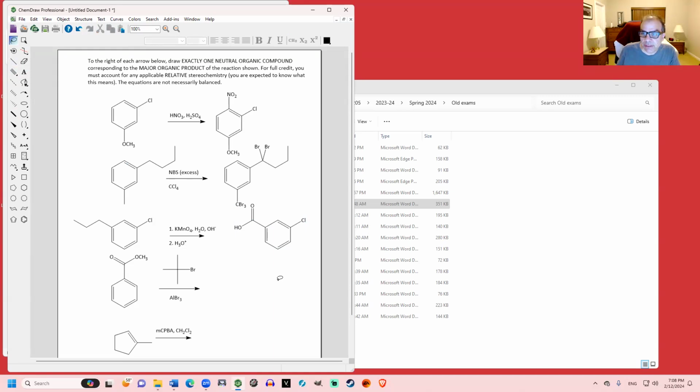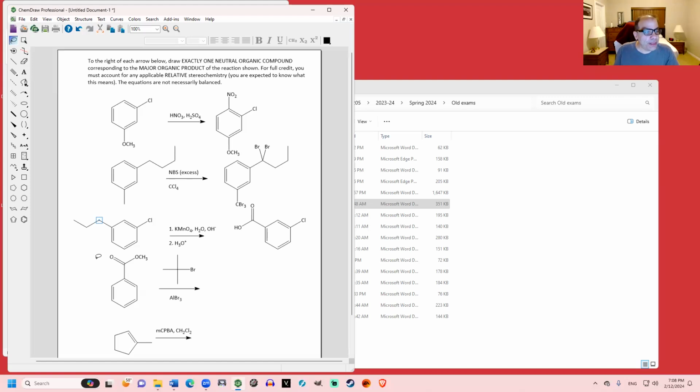So what you need to know is potassium permanganate and also sodium dichromate oxidize the carbons in alkyl groups as long as the benzylic carbon has at least one hydrogen on it. If the benzylic carbon is quaternary, then there's no oxidation. We gave an example in class today where there was a tert-butyl group there, and that does not get oxidized.